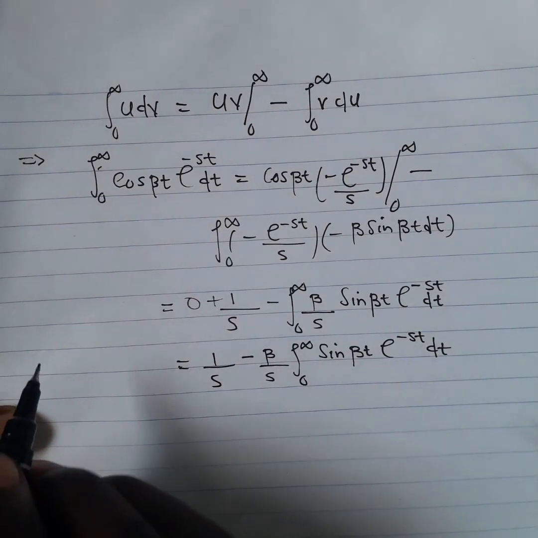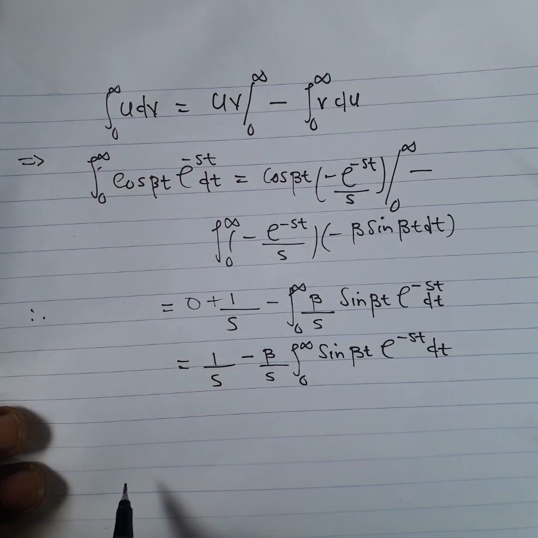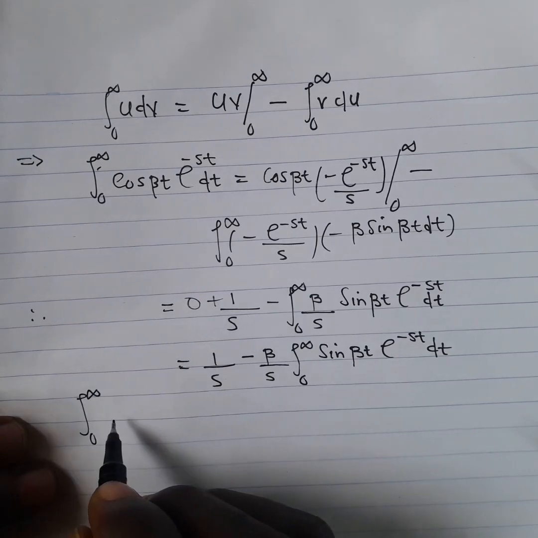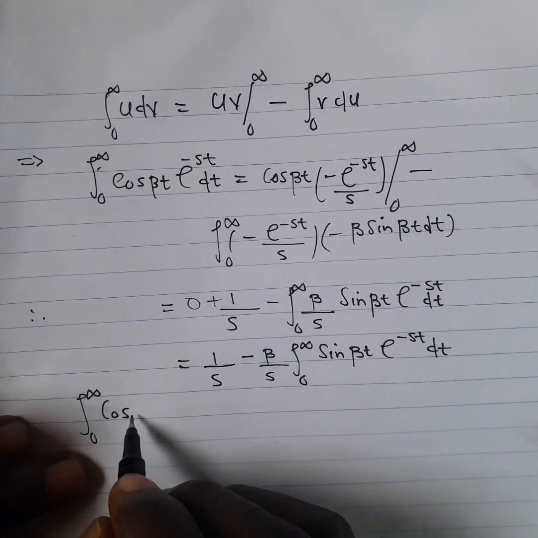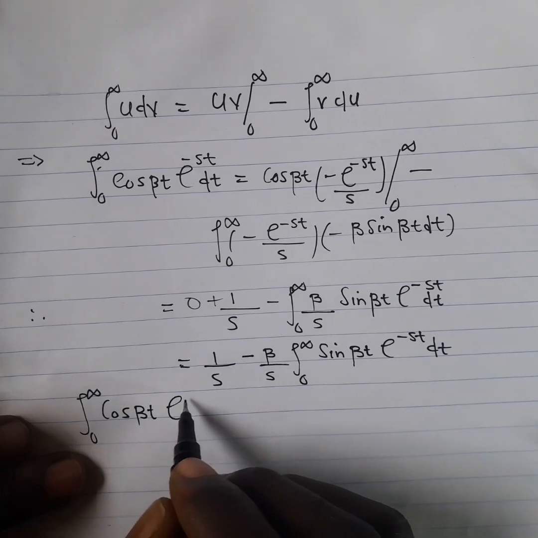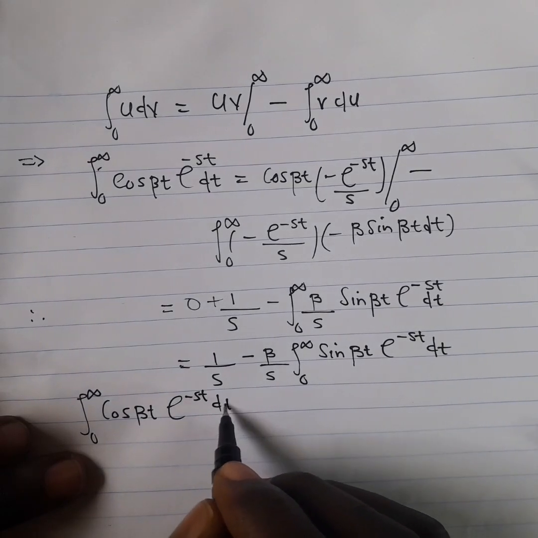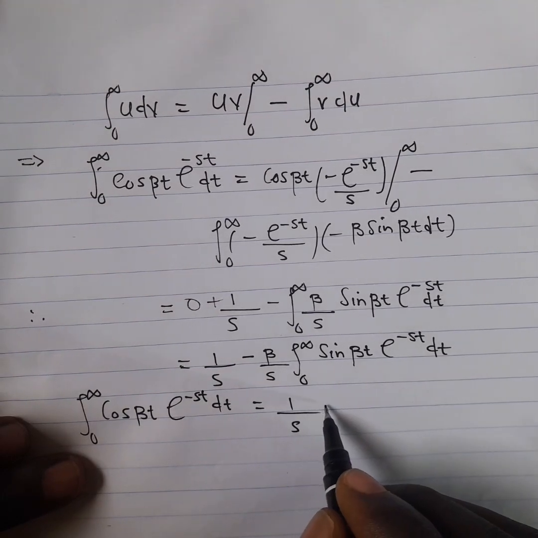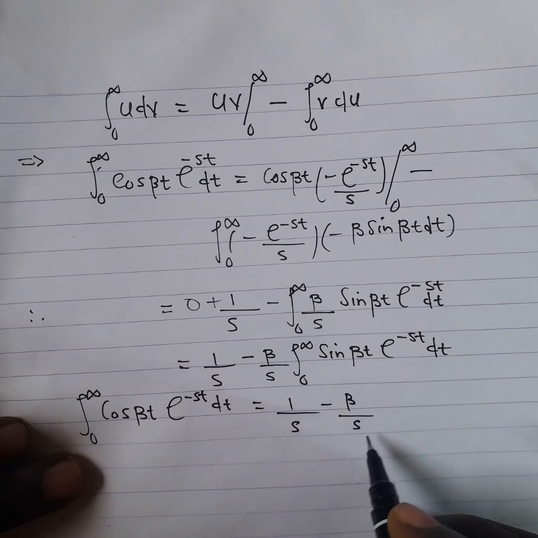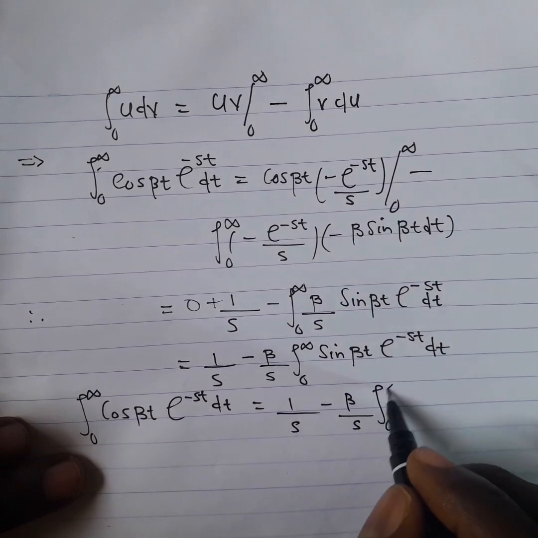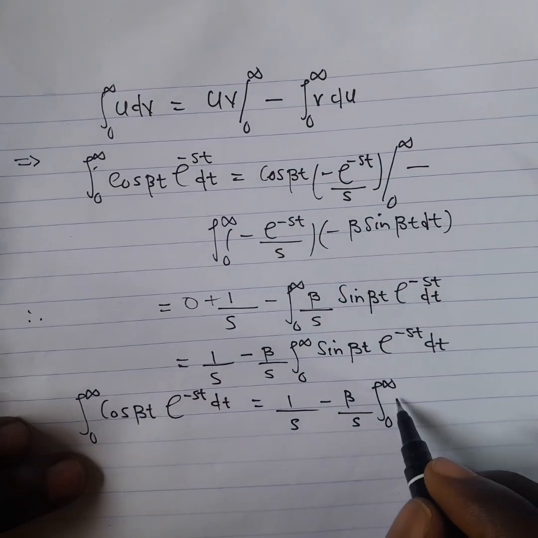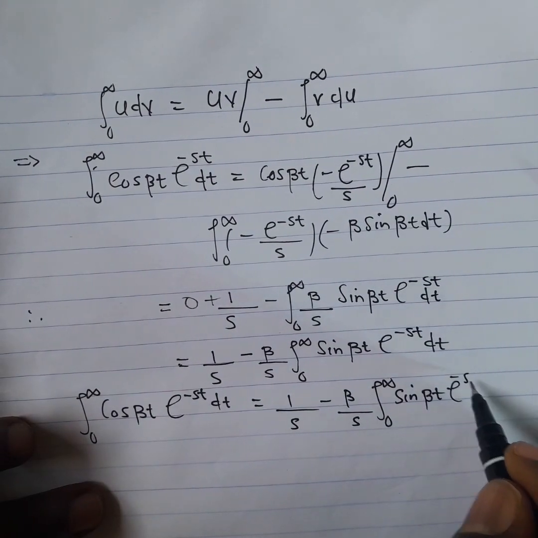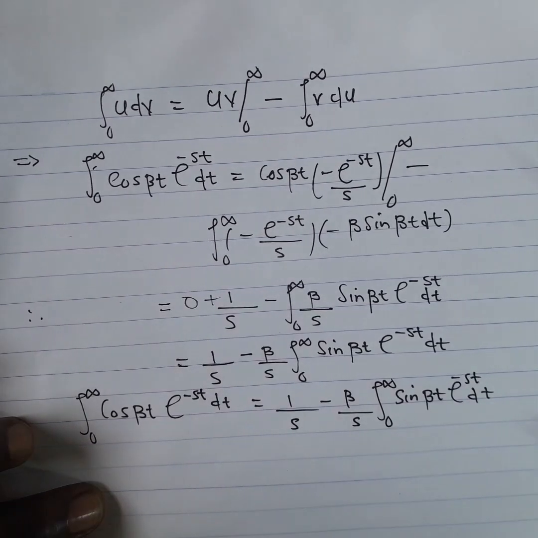Therefore, we have the integral from 0 to positive infinity cos beta t exponential raised to minus st dt equals 1 divided by s minus beta divided by s, the integral from 0 to positive infinity sine beta t exponential raised to minus st dt.